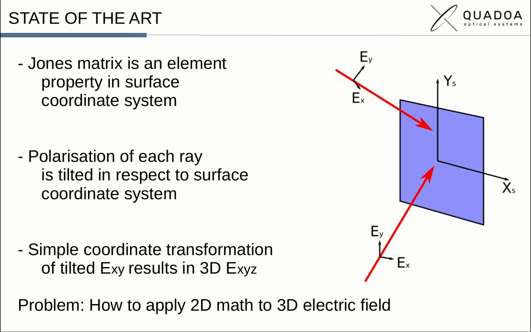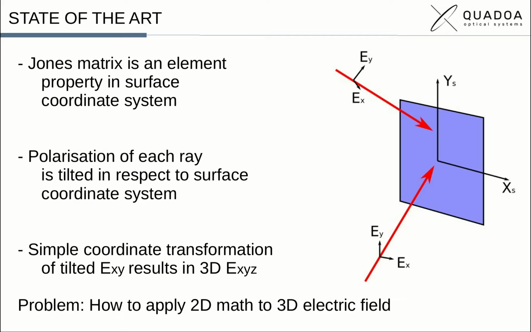Now, in order to simulate, let's say, a linear polarizer or a wave plate, we can define a Jones matrix that does this operation. And since the linear polarizer or wave plate is an element property, we need to define the matrix inside the local surface coordinate system.